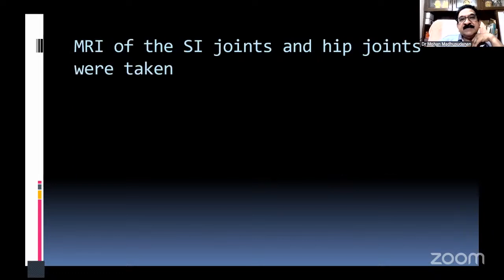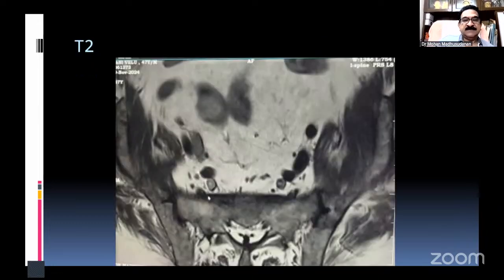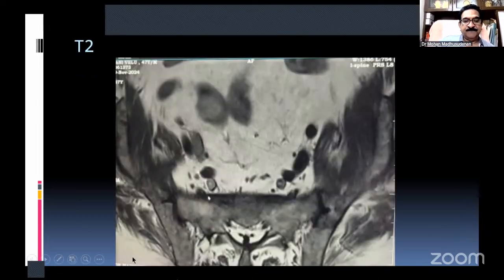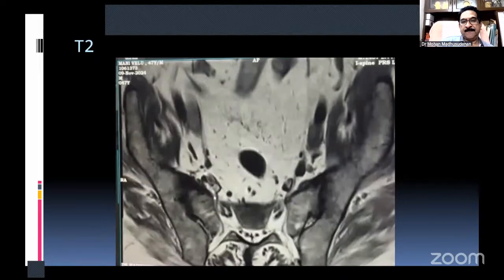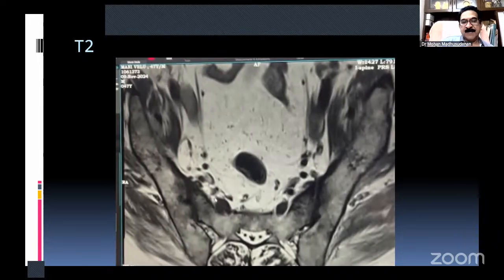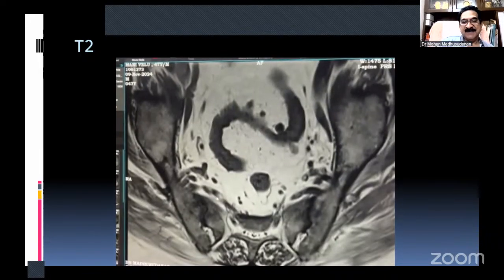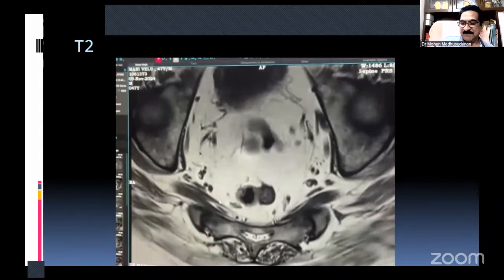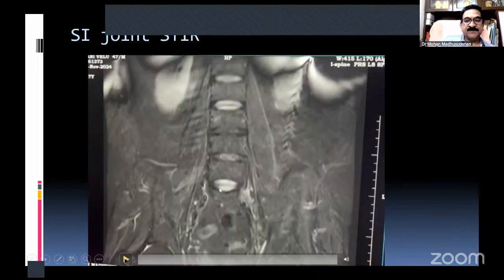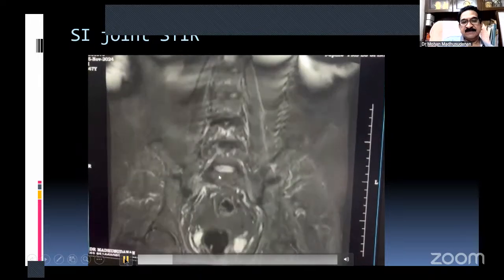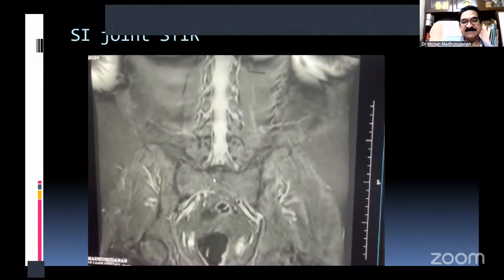So an MRI of the SI joint and hip joint was taken, followed by a CT. This is the SI joint. I'm not good at interpreting SI joint lesions, but it was reported normal. There is no abnormality in the SI joints.